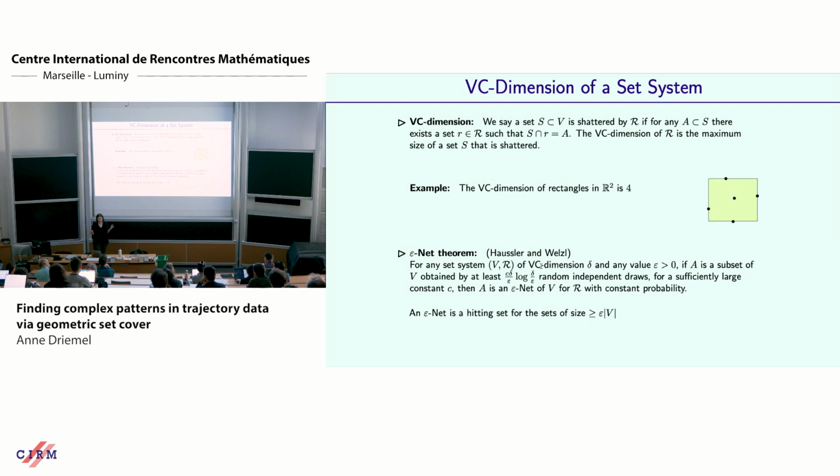And as long as I don't have a hitting set, I do this. And by looking at how these weights develop, you can see that the weight of the hitting set will grow much faster than the entire set system. So in the end, after log n rounds, you actually get the hitting set.